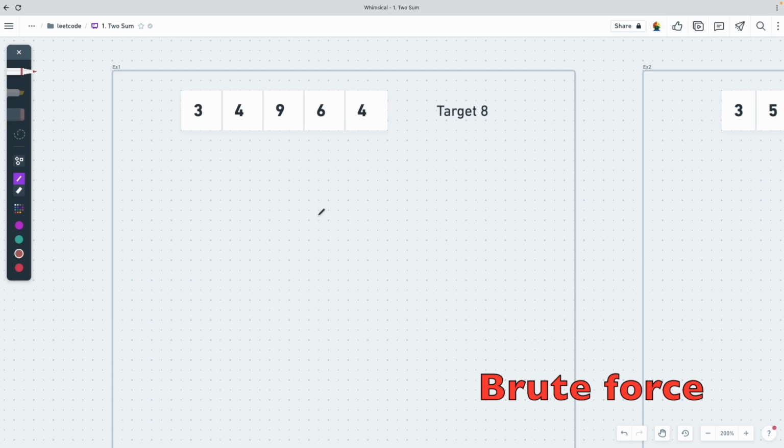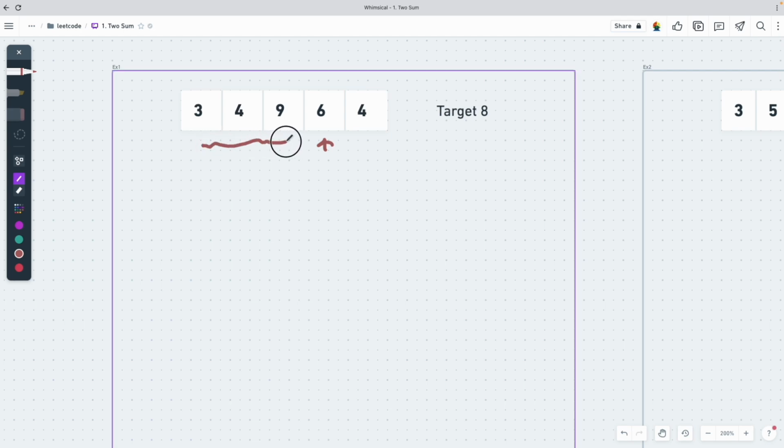So we have to find two numbers such that target is 8 in the given array, which is 3, 4, 9, 6. Okay, let's say we are at 6. We have to find a number in the already seen array such that 6 plus that number adds up to 8.